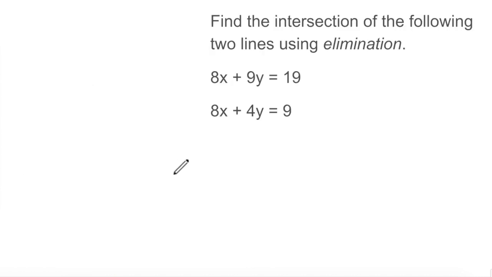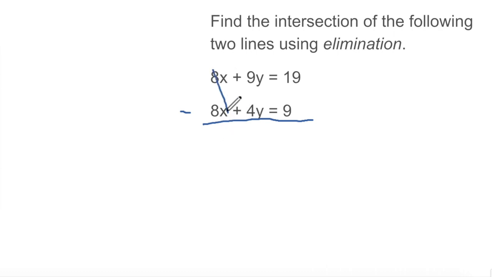So here we have 8x plus 9y equals 19, 8x plus 4y equals 9. So look, we have two 8x terms here, and let's see, if we add them, we would get 16x. We don't want to do that, but we could subtract the second equation from the first equation, right? So let's just subtract everything here. So 8x minus 8x is, well, that goes away entirely, doesn't it?